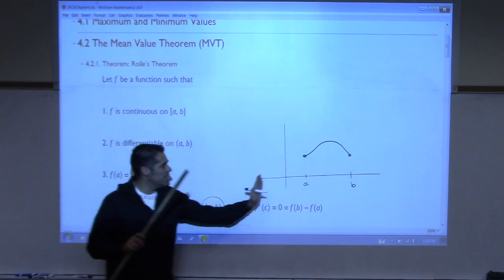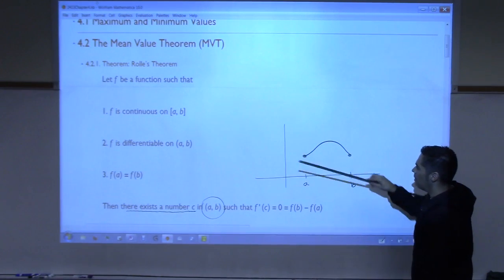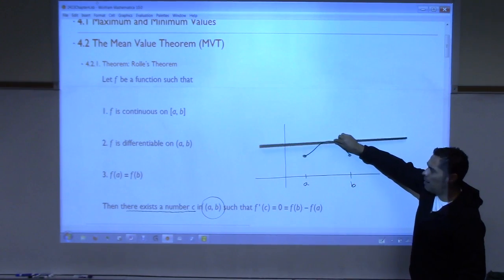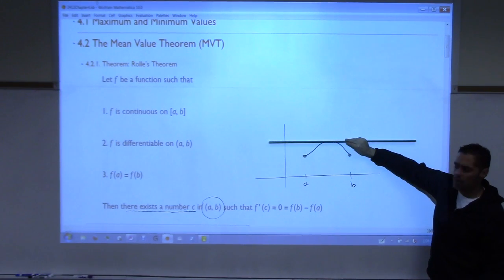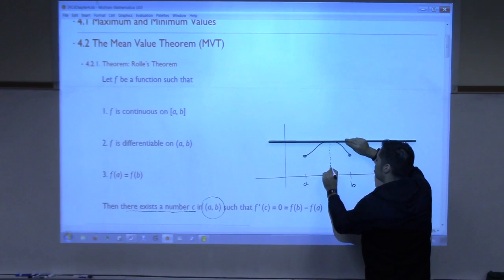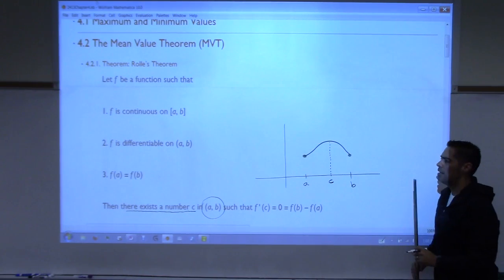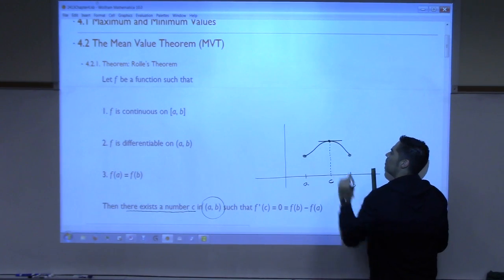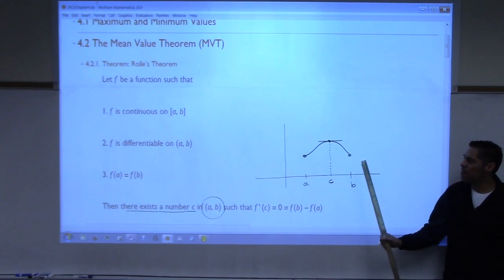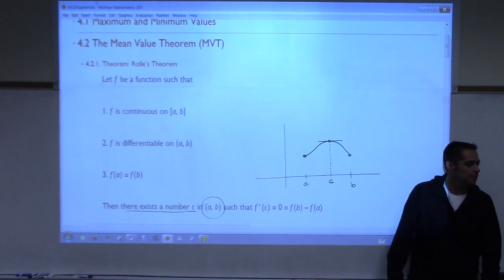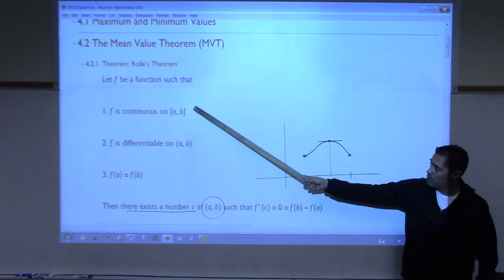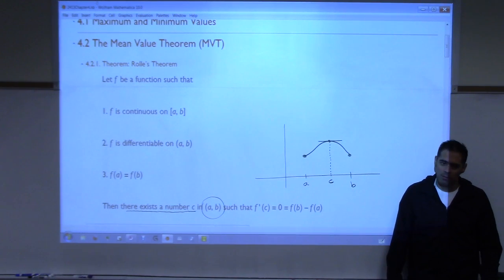So somewhere in here, as I move along the function, the slope of the tangent line must be 0. Do y'all see it's right there? There's some point c in here, guaranteed, where the slope of the tangent line is 0. Does it make sense that there would be absolutely no way you could draw this where that wouldn't happen? Can anyone think of a way I could draw it where it wouldn't happen and still have a continuous function that's differentiable? The theorem says there's not a way you can do it, but think about it.